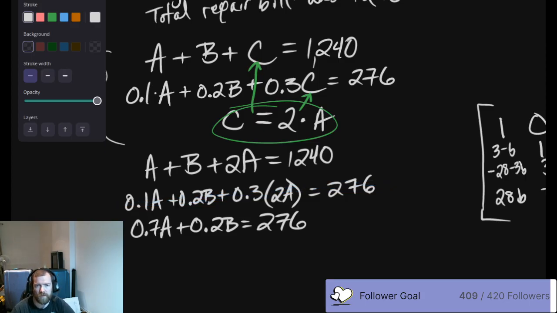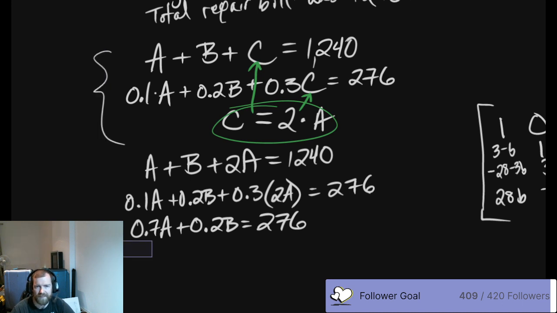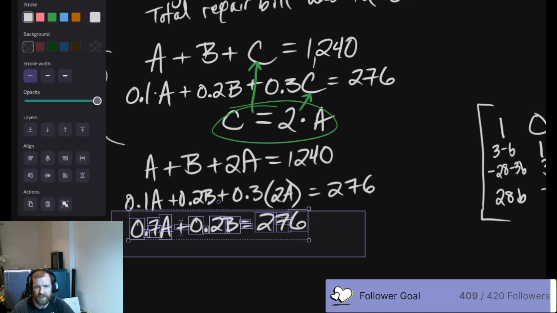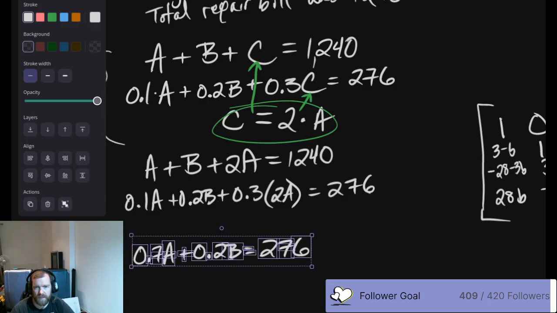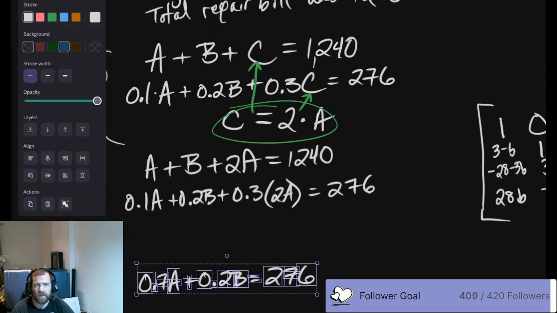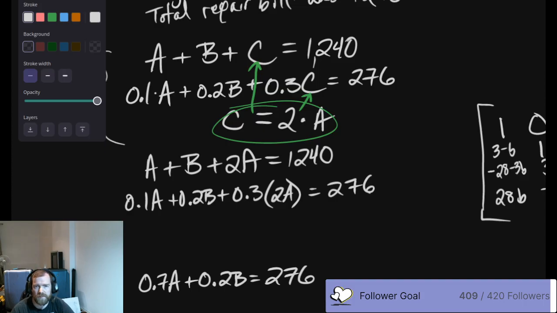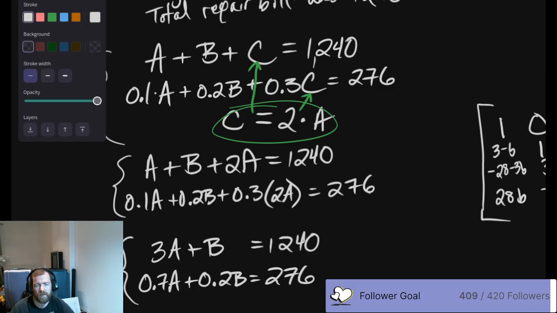Right, so let's take this all down here. We're going to make this its own system of equations. Alright, so a plus 2a is going to be 3a plus 1b is equal to 1240.